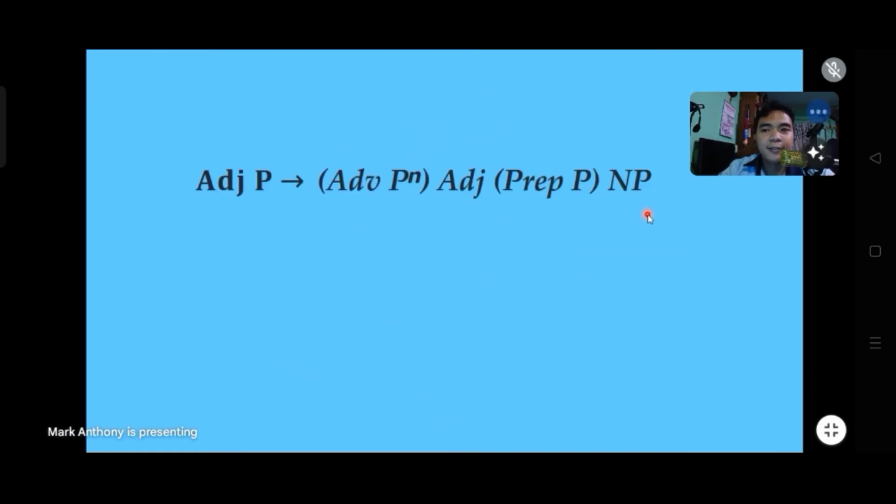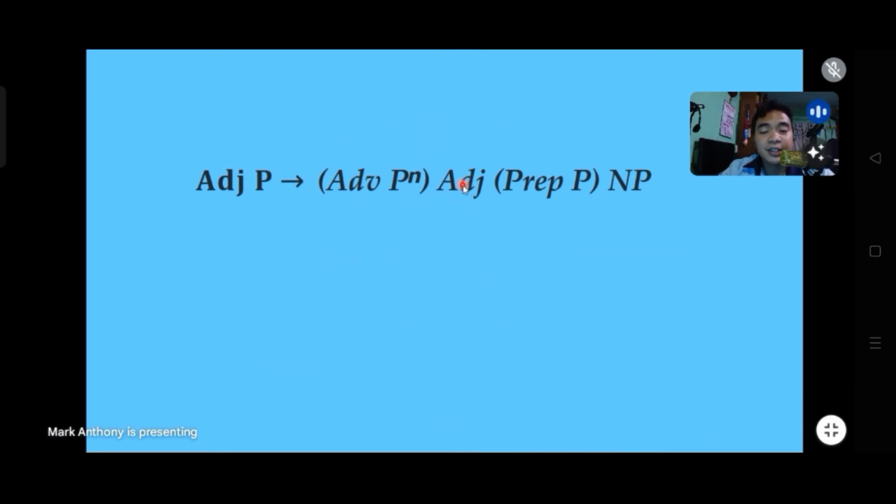So if you can see, let us just have a short review. So we have here the adverb, which can be used to the nth time to modify the adjective or the noun phrase present in the sentence.